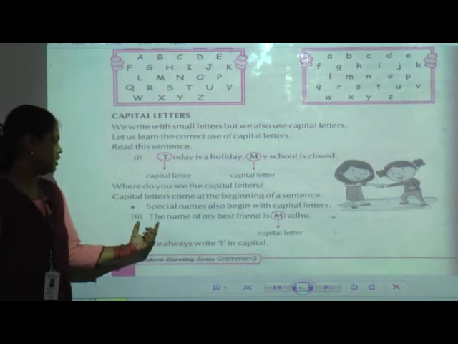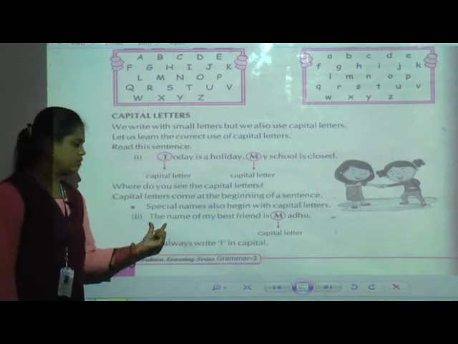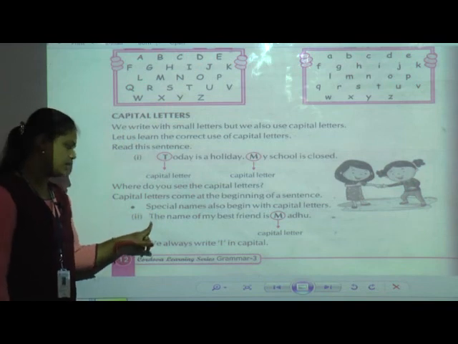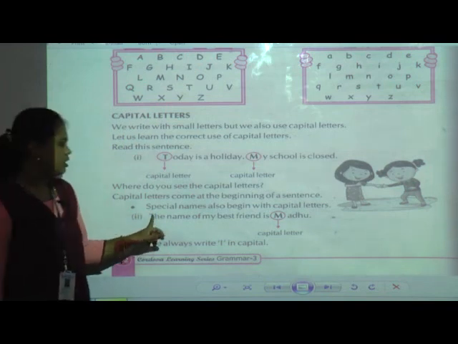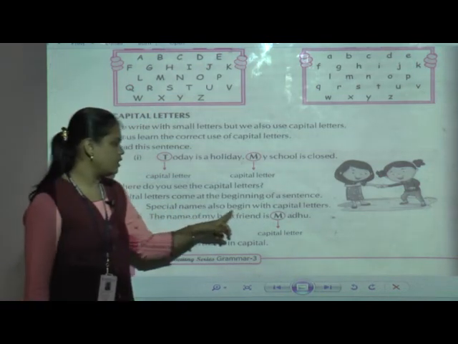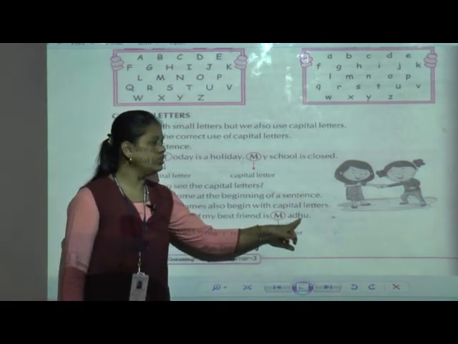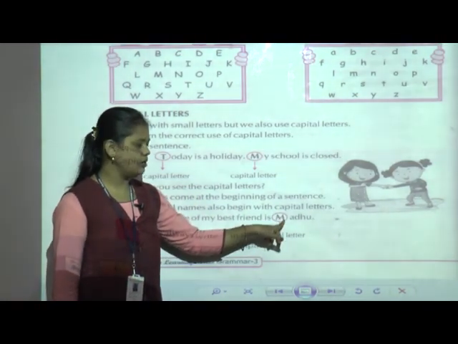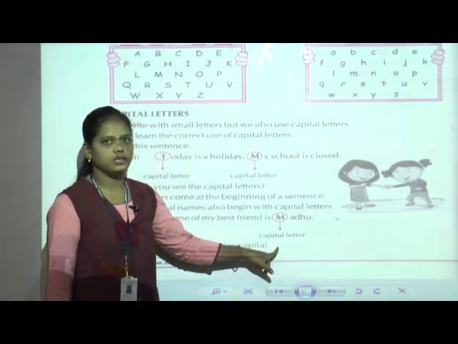Always remember that whenever we form a sentence, the first letter starts with a capital letter. Here the T is written in a capital letter. Then when the name of a person comes, you can see that the M is written in a capital letter. Why?